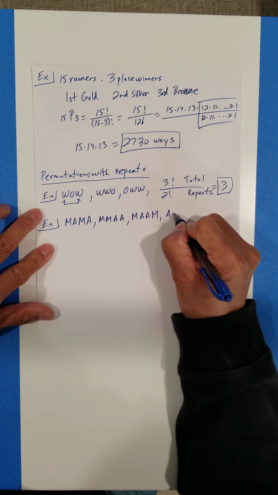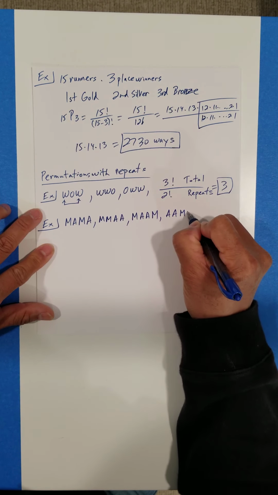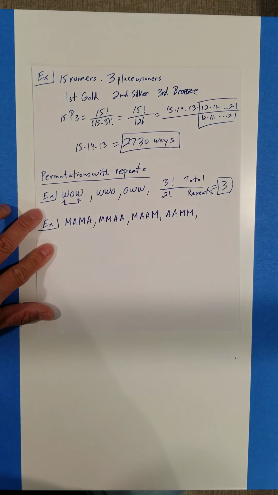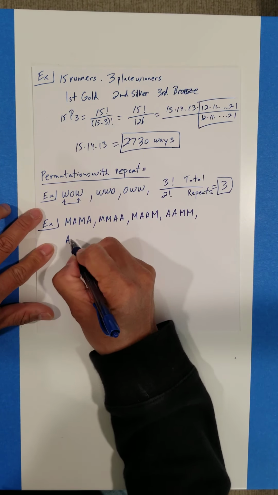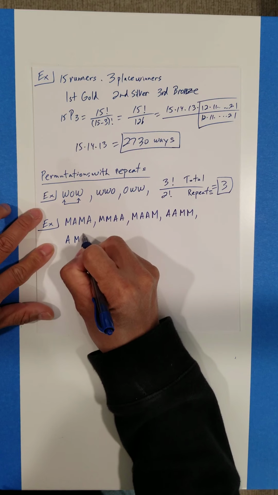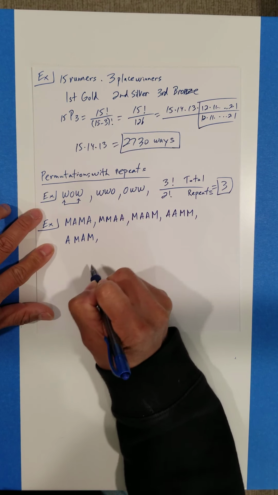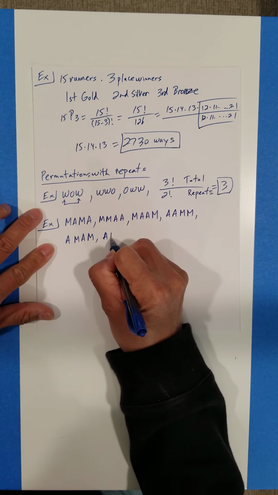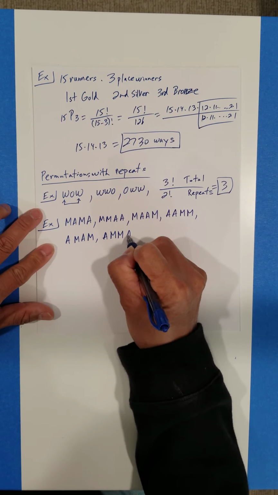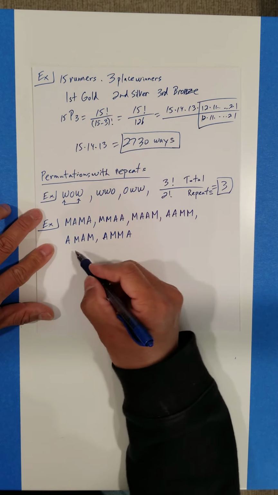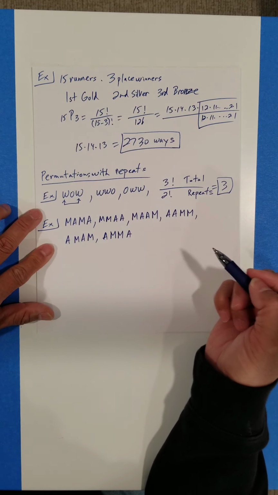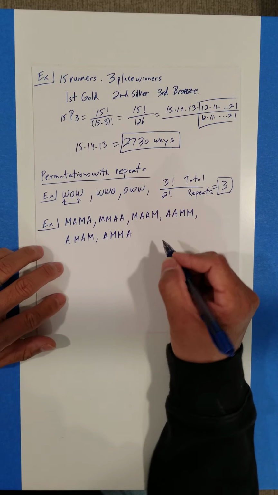There's A, M, M, A, 4. What else do we have? Then we have A, A, M, M, that's 5. And then A, M, A, M. See, these are the only 6 ways I can rearrange the word mama and make it look different, right?